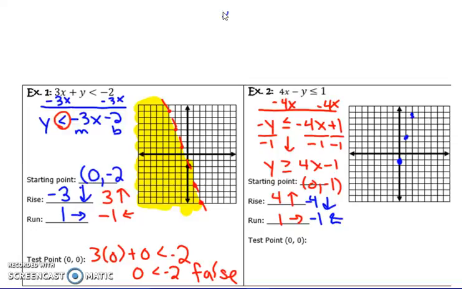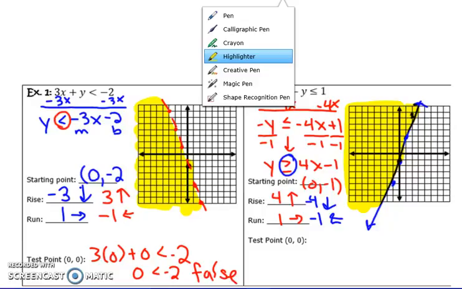Then I'm going to go down 4 to the left 1. Now, if I look at my sign, because it is greater than or equal to, it is a solid line. And since y is greater than my equation, I'm going to start at my y-intercept and go up. That means this entire part of my graph is my inequality.